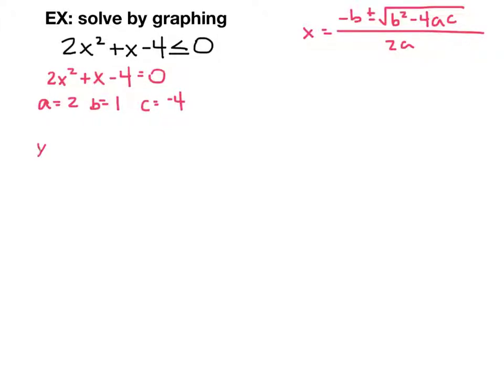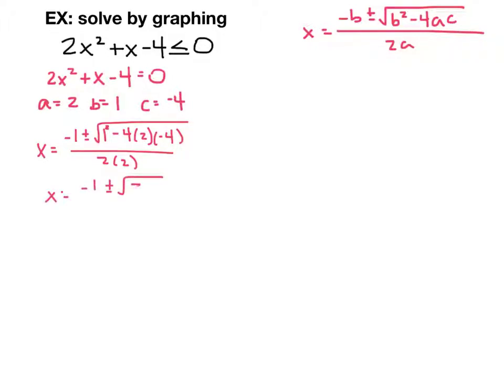So x equals -1 plus or minus the square root of 1 squared, which is 1, minus 4 times 2 times -4, all over 2 times 2. I'll even write that little squared so we can look back at it later. So x equals -1 plus or minus the square root of 33 all over 4.